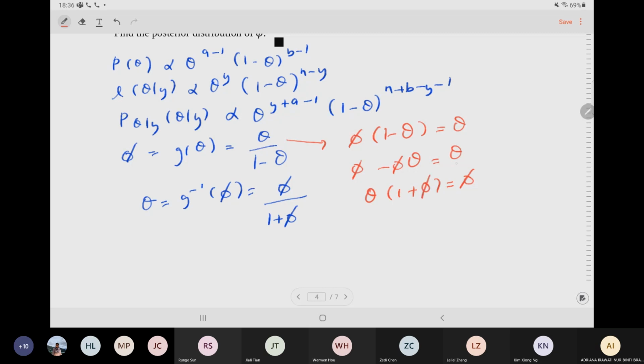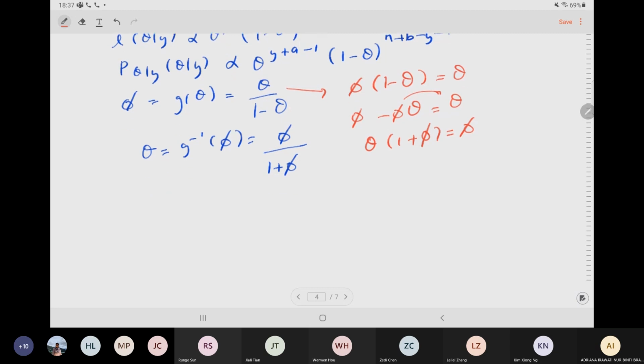If you move this to this side, you get theta plus phi theta. So you take out your theta here, and this equals phi, and then you get theta is equal to phi over 1 plus phi. So this means your theta is a function of phi only. This is why it's called G inverse of phi, because it's a function in phi.